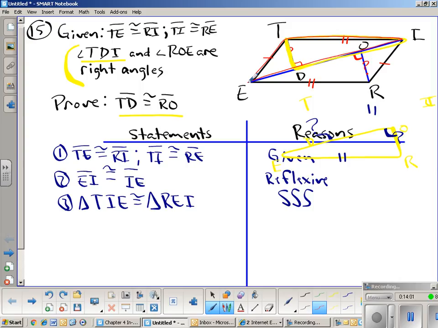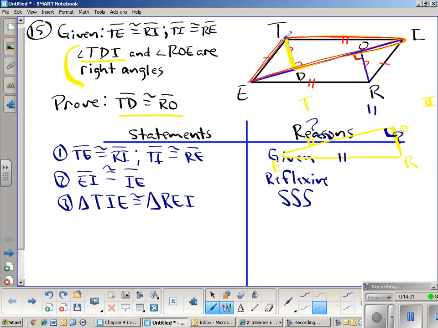Well, if you look at the red triangle, this one here, TD is not in that triangle, right? It's sitting inside of it, but it's not part of that triangle, so it's really not in that triangle, right? So what is exactly the same in the red and yellow? Go ahead.